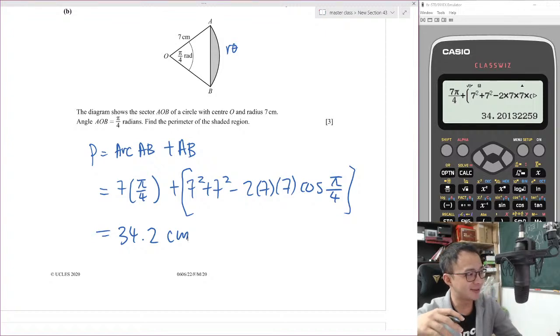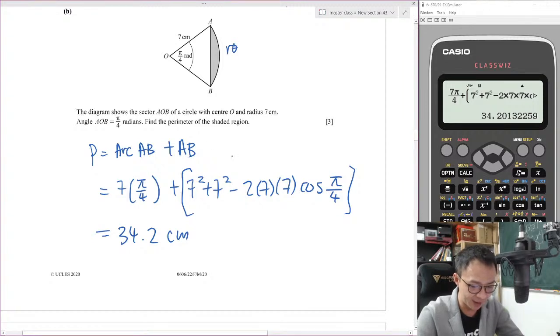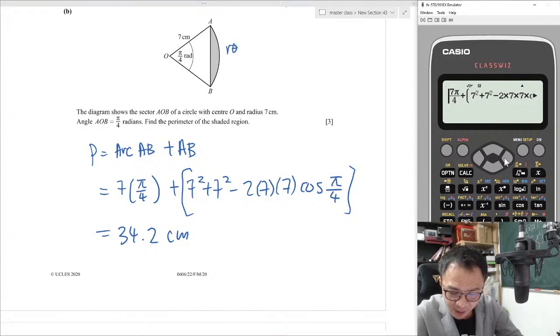No, the question says find the perimeter of the shaded region. So it's r theta, and then this one is the opposite length. 7 squared plus 7 squared minus 2 times 7 times 7 cos theta. No problem with my cosine rule. How come I couldn't get the correct answer?